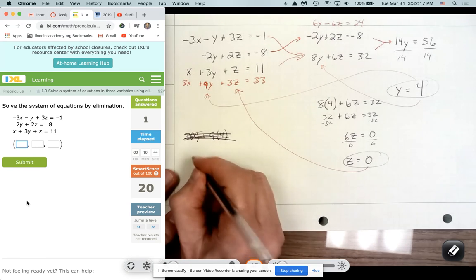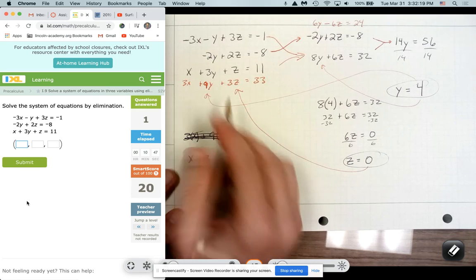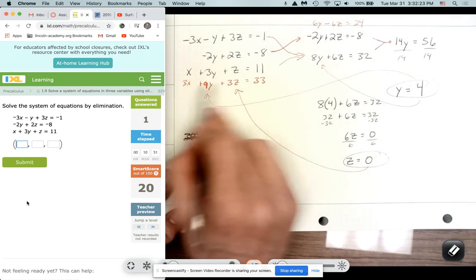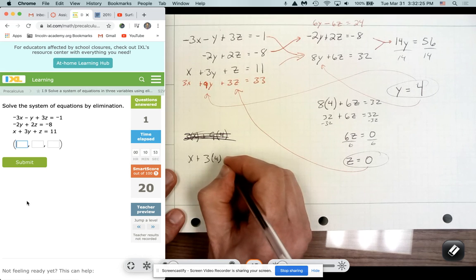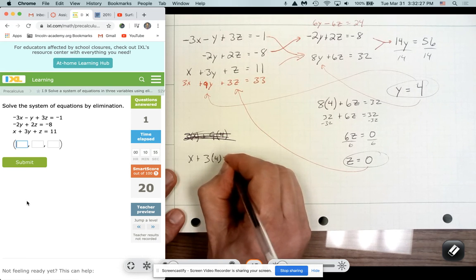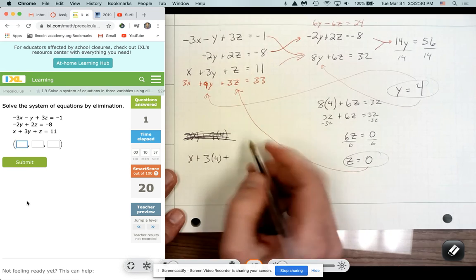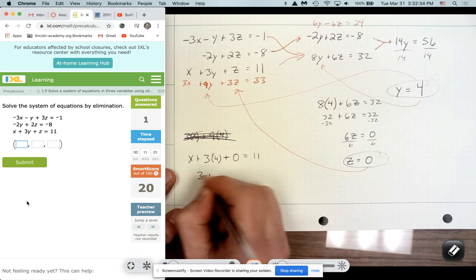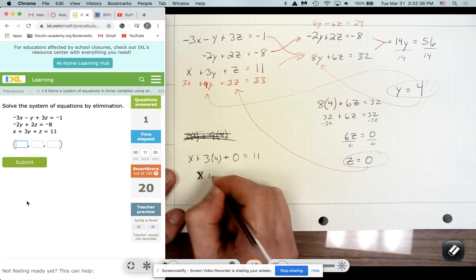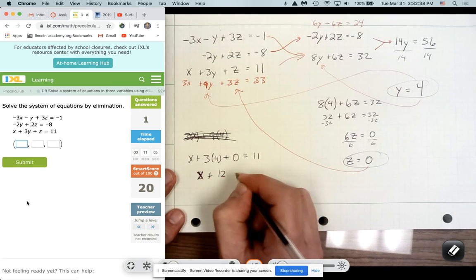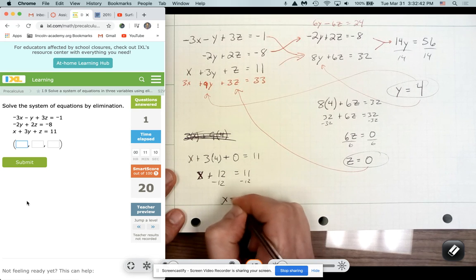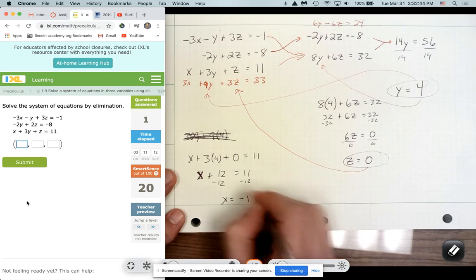So I'm going to do x plus 3 times my y value of 4. I always use one of the original. Don't use one of the altered ones just in case you made a mistake on it. Plus the numbers usually will be smaller. Z was 0, which is nice, equals 11. I get x plus 12 equals 11, minus the 12 from both sides, and I find out my x value is -1.